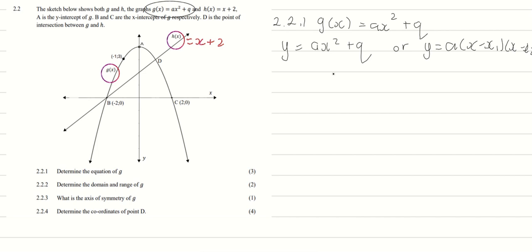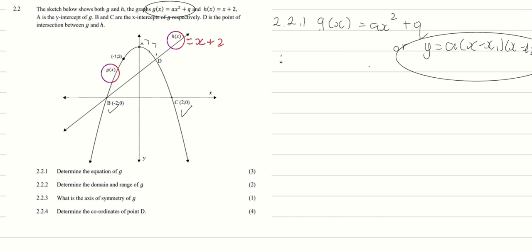And it all depends on what you have. Now this equation is suitable when you have the y int, which you don't have. The y int is unknown at a, so we can't use that option. So let's erase that. Okay, the only option for you is the second one, because the second one includes the x-intercepts, which they do give you.